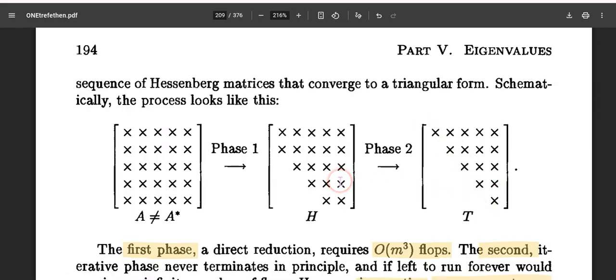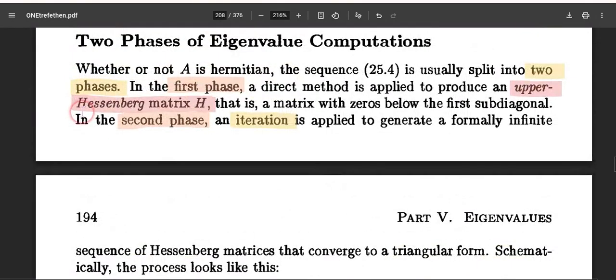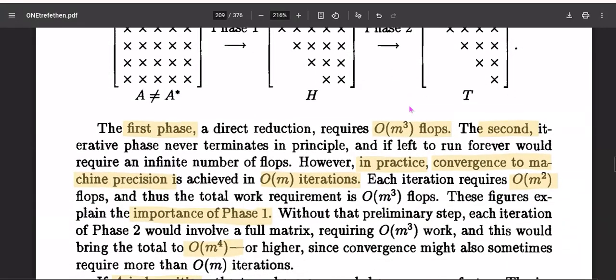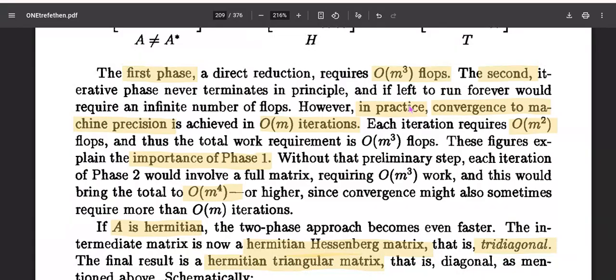What is the reason for us to go for this Hessenberg transformation? It will be revealed in the next part of the video. But through the operation count, we can understand why the first phase is very important.